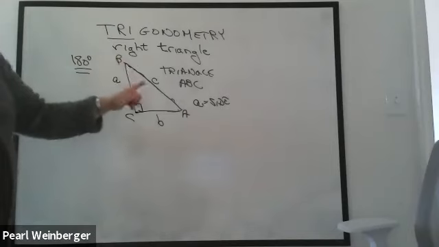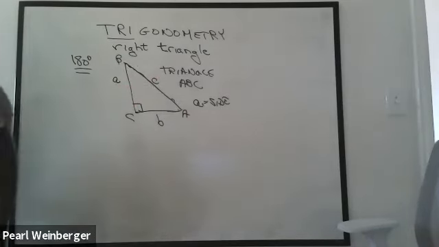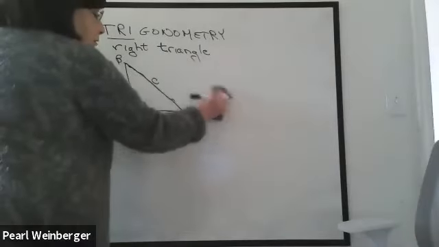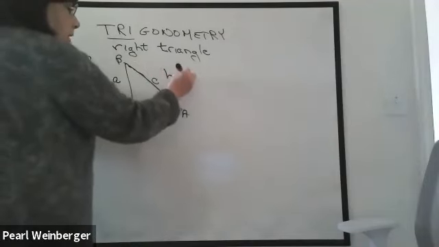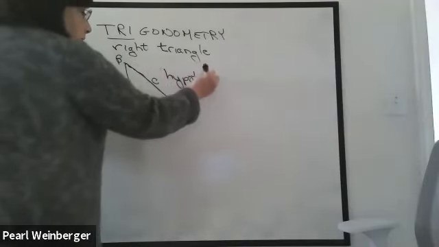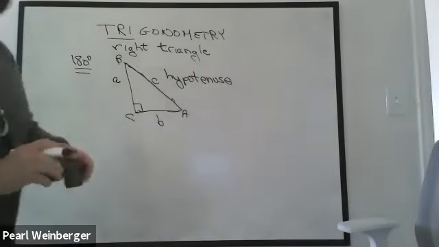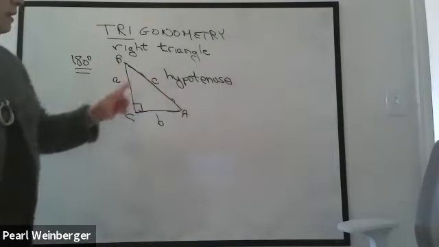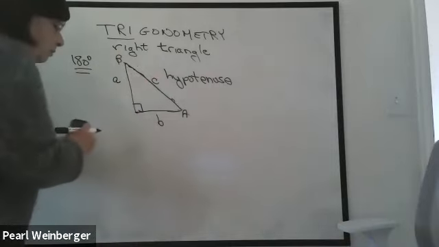By the way, the side that's across from the right angle is given the name hypotenuse. If I talk about the hypotenuse of a right triangle, I'm simply talking about the side in the triangle that is right across from the right angle.